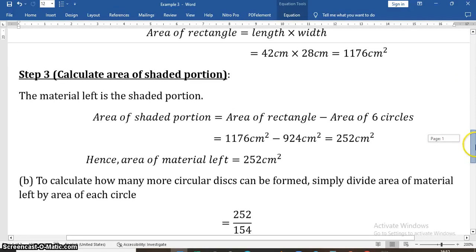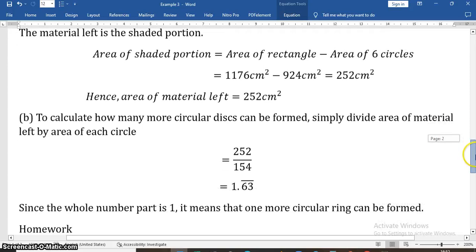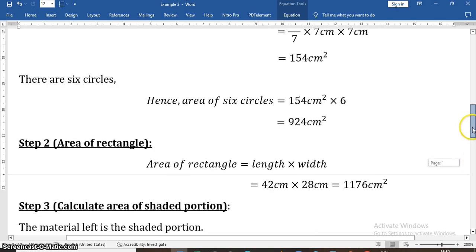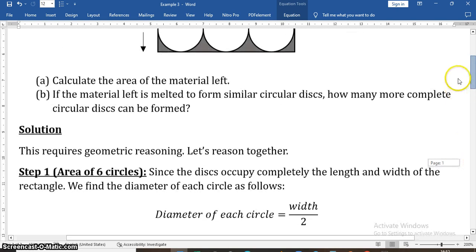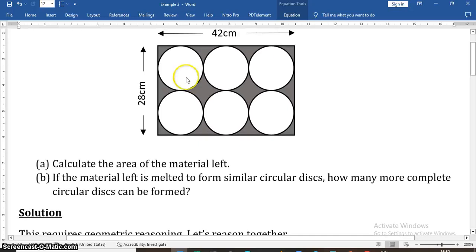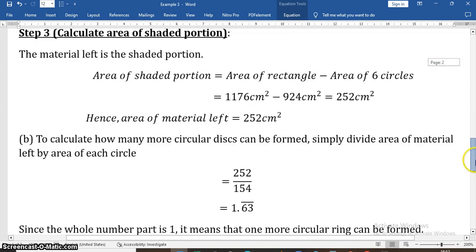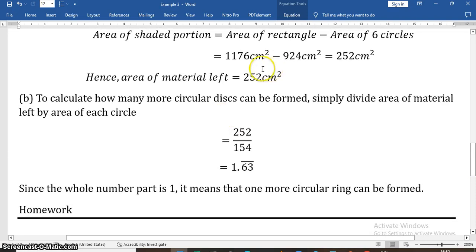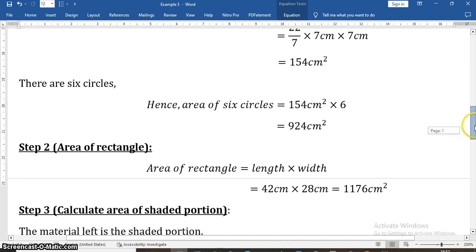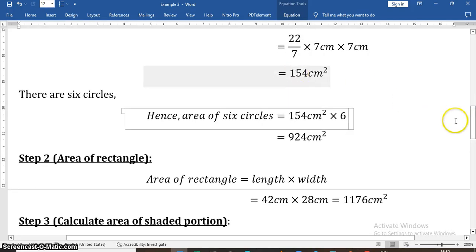Let's go to part B. To calculate how many more circular discs we can form from the material left, all you need to do is divide the area of the material left by the area of each circle. It's very simple. Now look at this. The area of the material left is 252 centimeters squared. Remember once more that the area of each circle is 154.